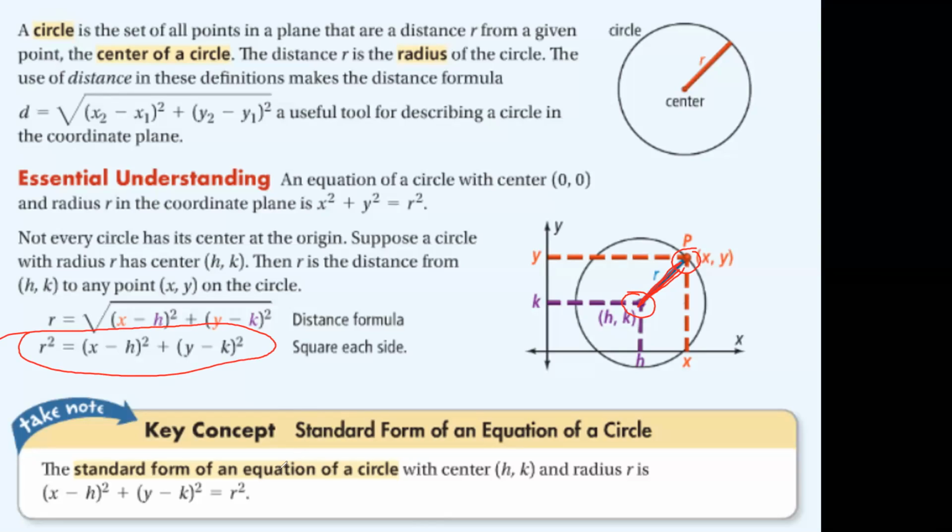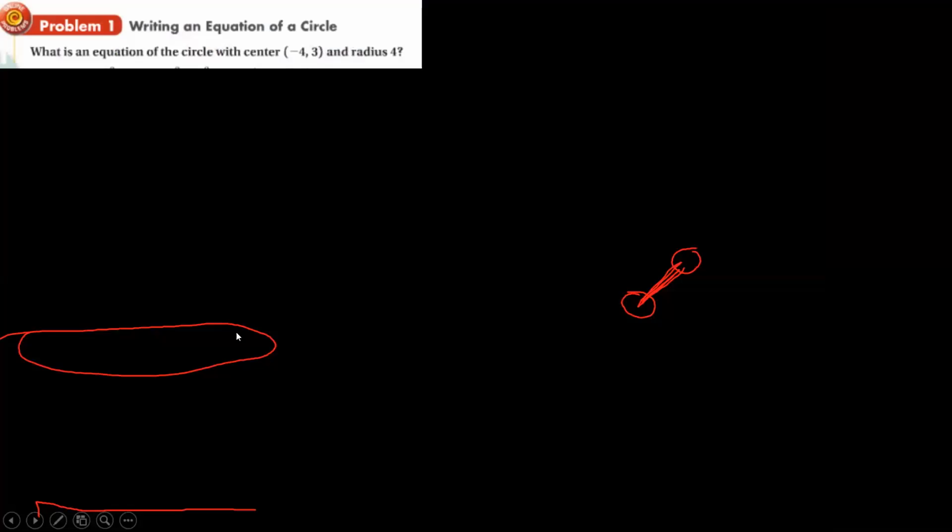Now, we call this the standard form of a circle with a center (h, k) and radius r, which is x minus h squared plus y minus k squared equals r squared. Now, let's see here now.